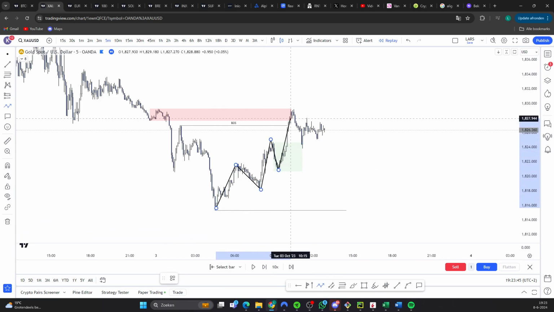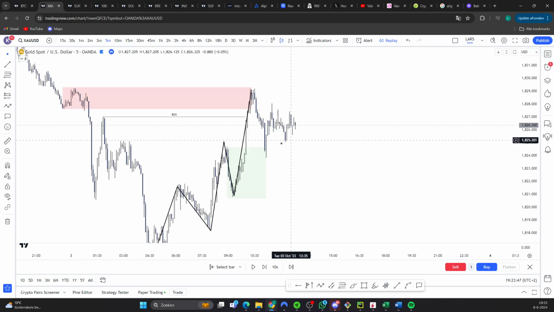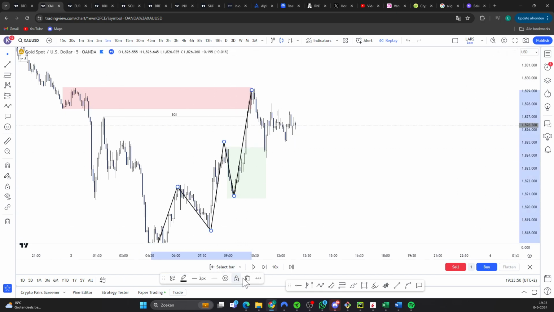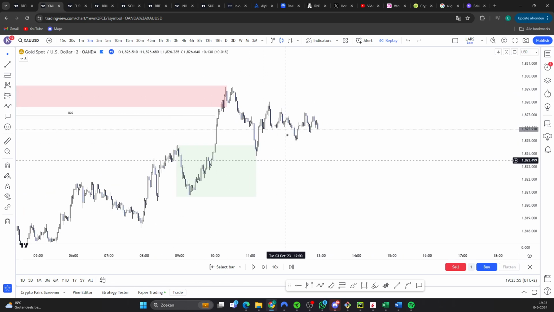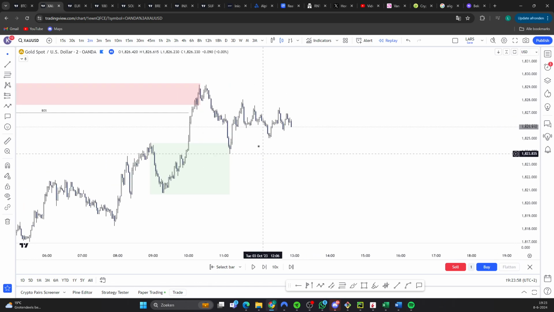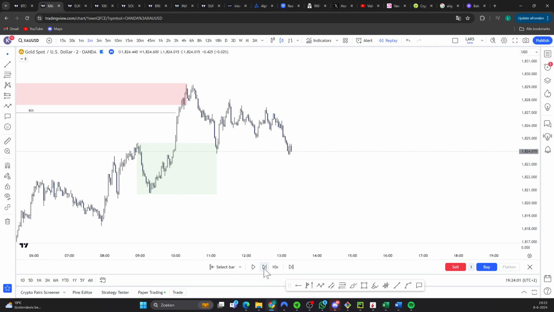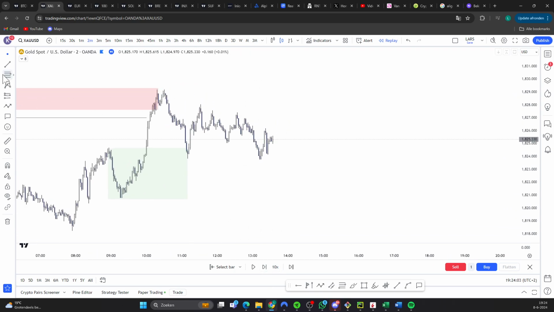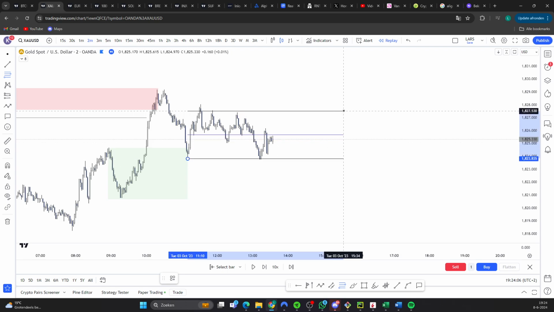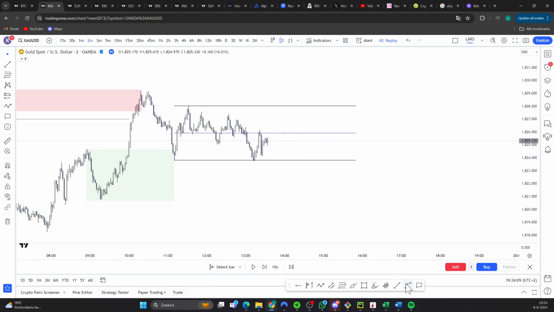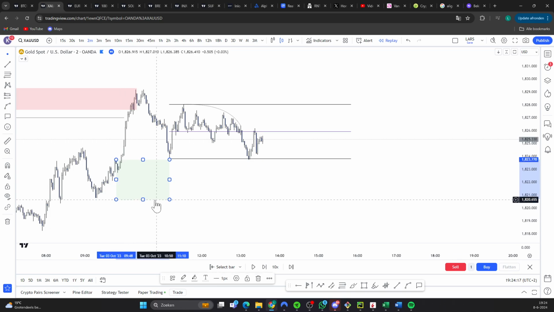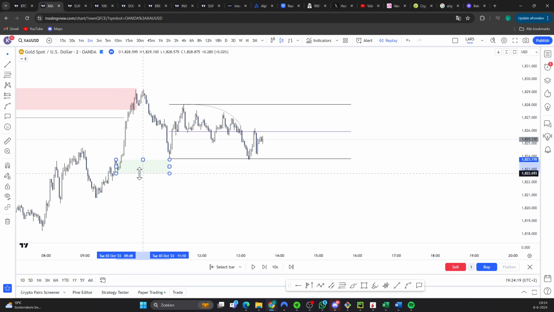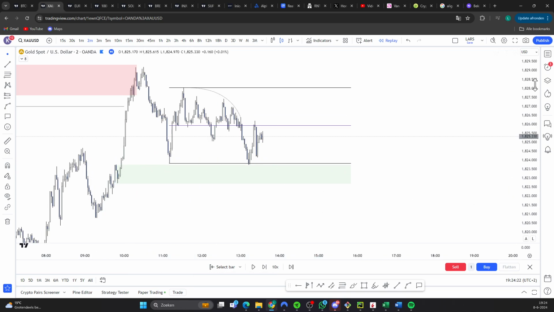This one. Bounce from the demand. You don't really have a reconfirmation though. Oh, was it already mitigated?